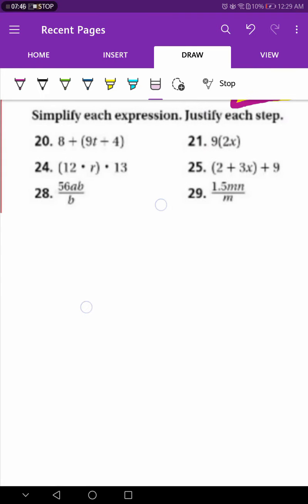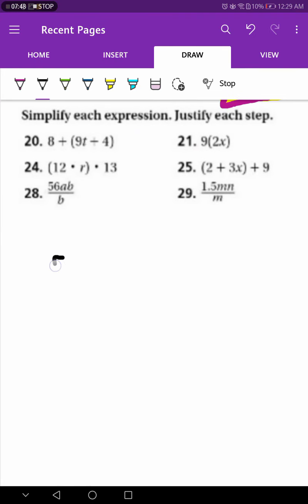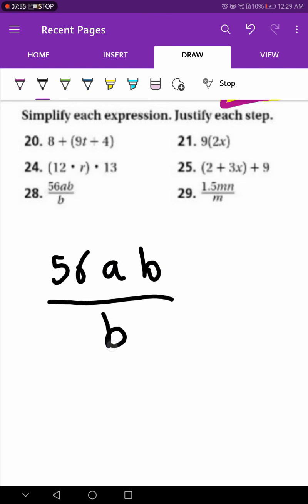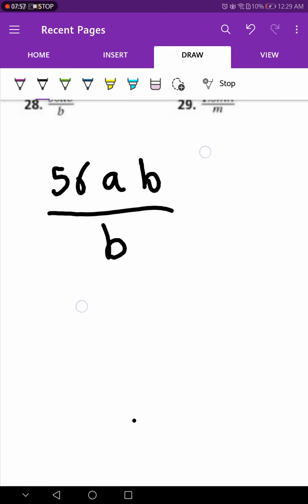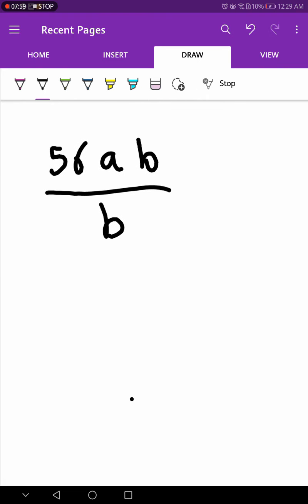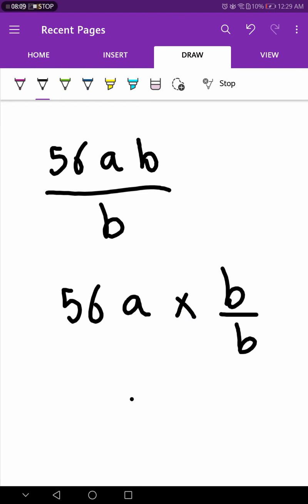See, I have 56a multiply b over b. How do I deal with this? Yes, good. I can write it 56a multiply b over b.